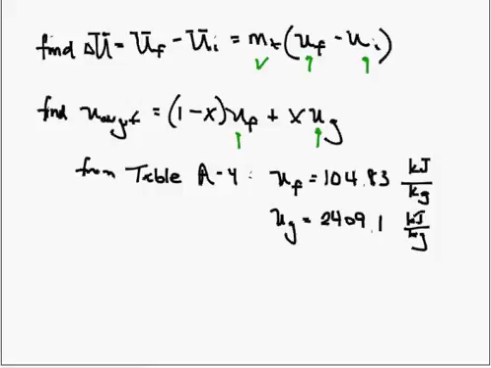Now what we need to find is our X, our quality. We can do that from the V average that we already found. So we're going to find our quality from our V average at the final state.